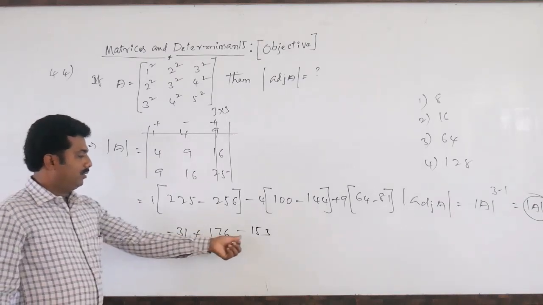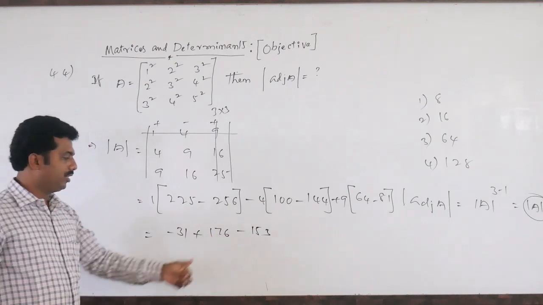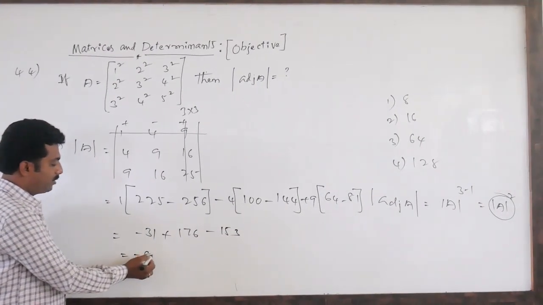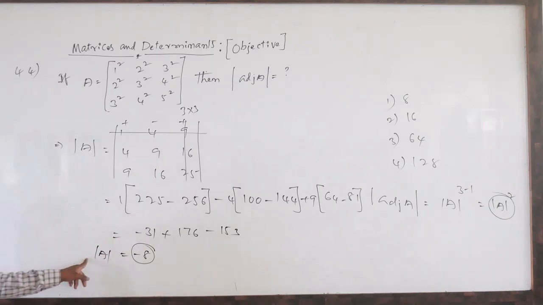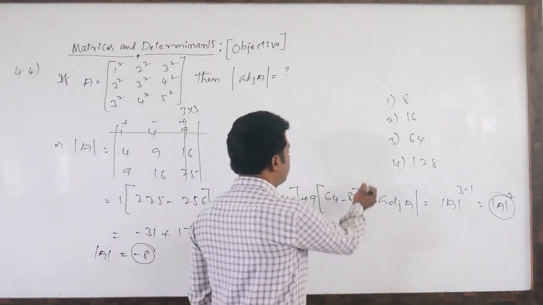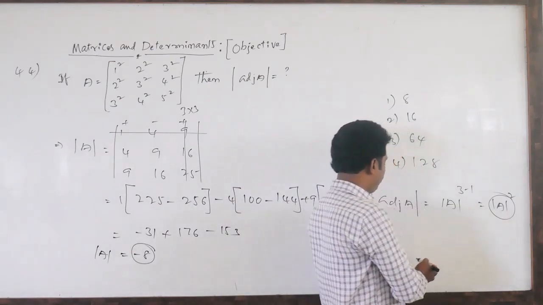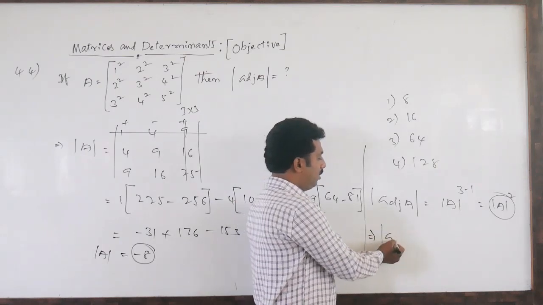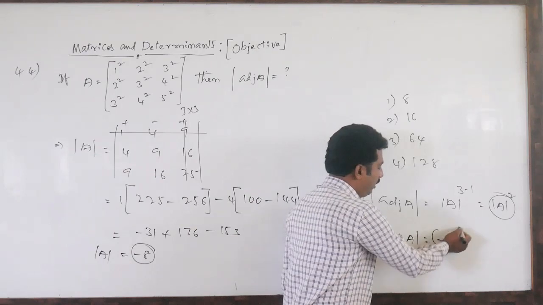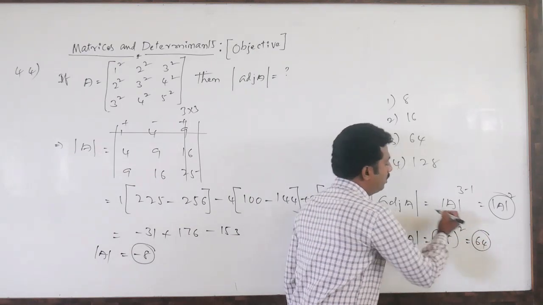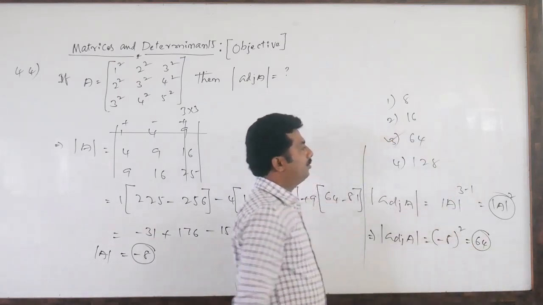So minus 31 minus 153 plus 176, nothing but minus 8, we got. So the determinant of A equals minus 8. The determinant of adjoint of A is minus 8 whole squared, that is 64. So 64 means clearly we can give the third option.